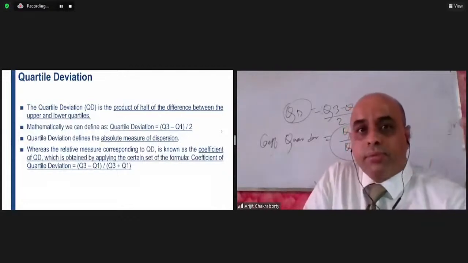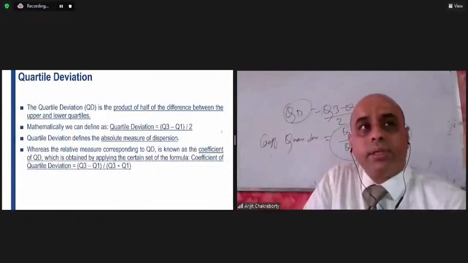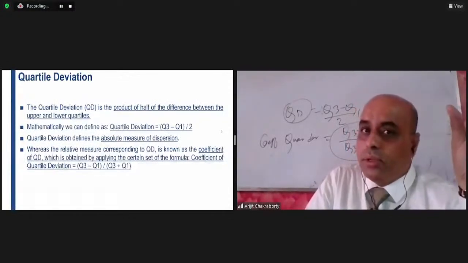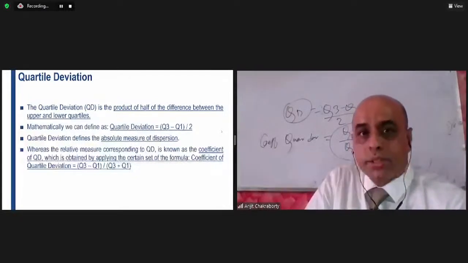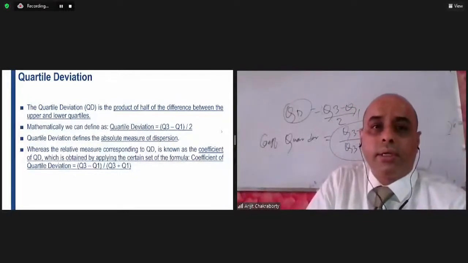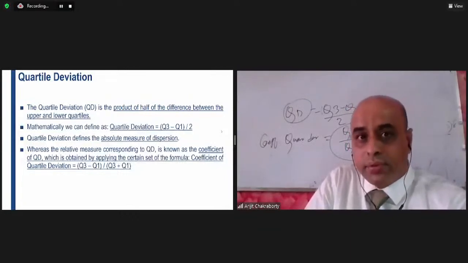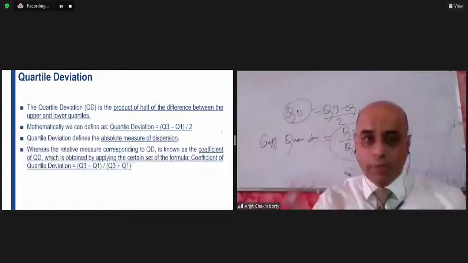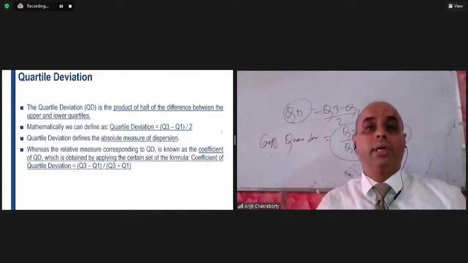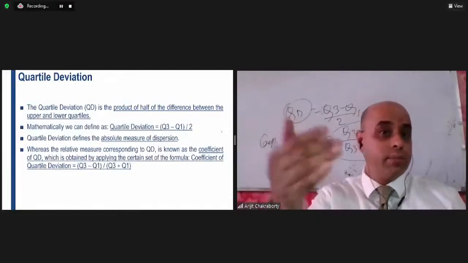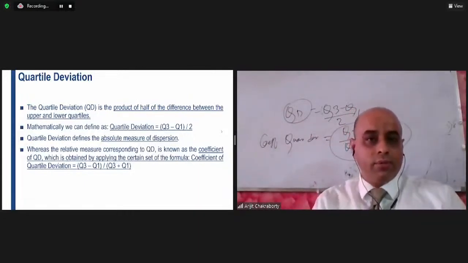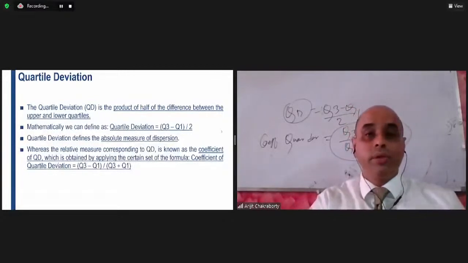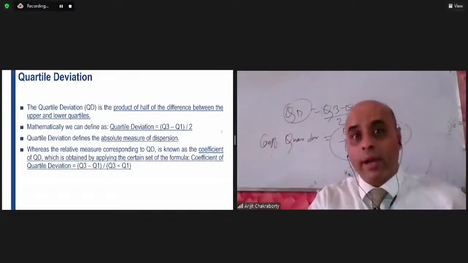In the chapter we are completing today, measures of dispersion, we have discussed in detail the types of dispersion measures like range, and we have covered mean deviation and standard deviation. So please be very clear about the properties, the formula which is used, and number 3, the advantages and disadvantages. That is why I am covering all the theory part also. I'm not only working out the problems, but also covering the theory, because you never know, a question on theory might come.